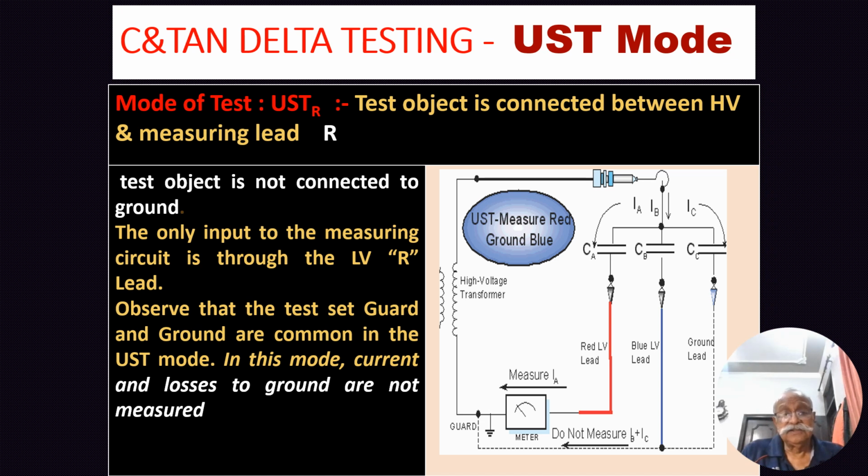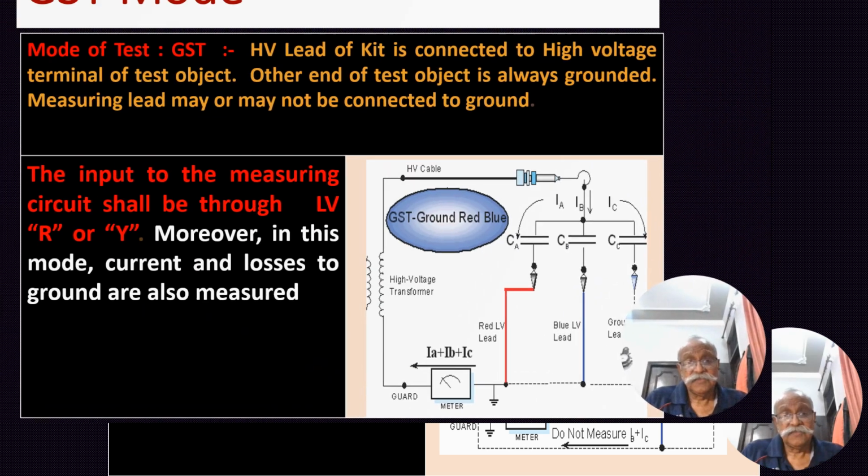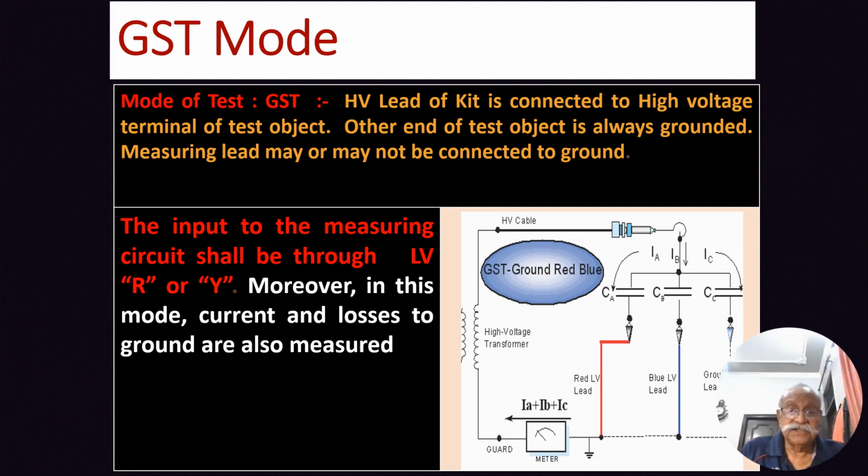The test is connected between HV and measured as R, and then the C value is compared. In GST mode, again, if you go through this diagram, the method is the same, only one additional earthing point is used.